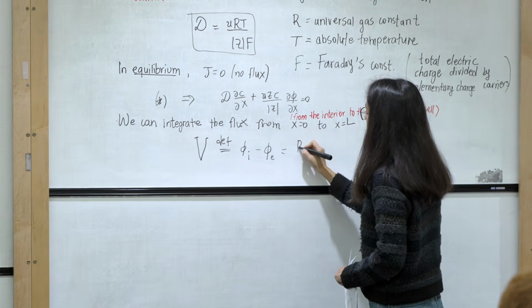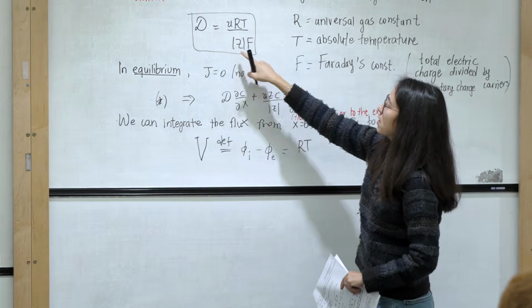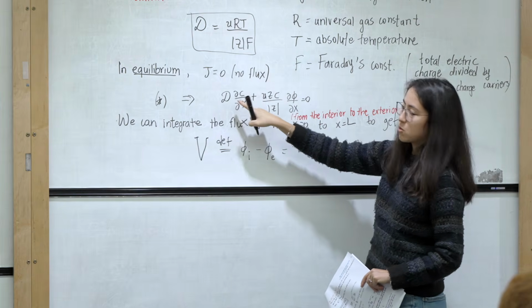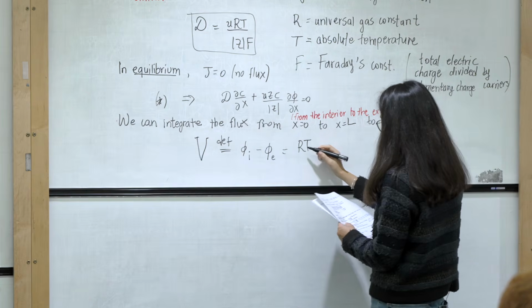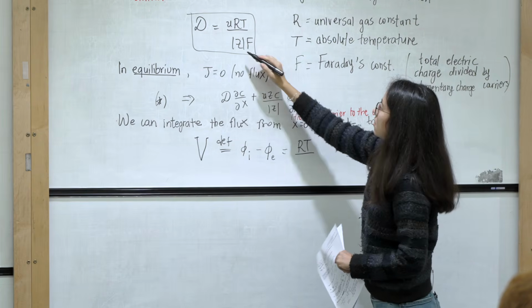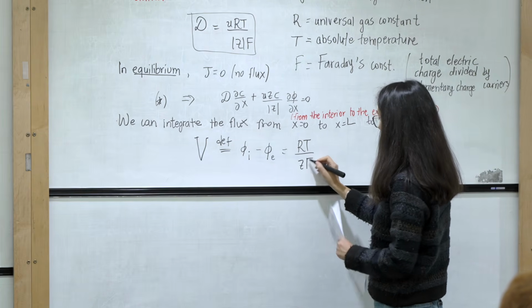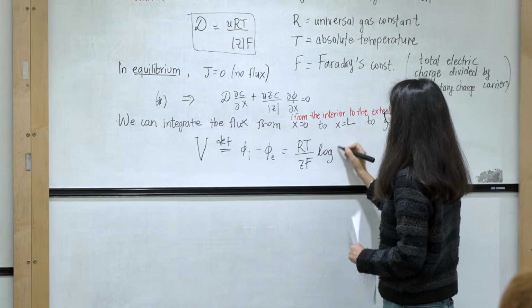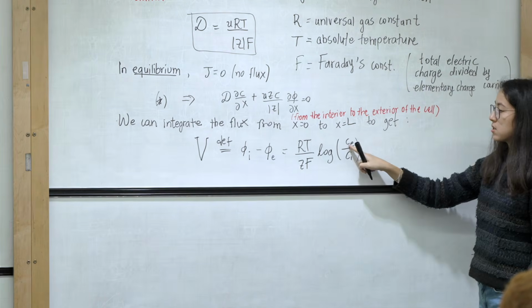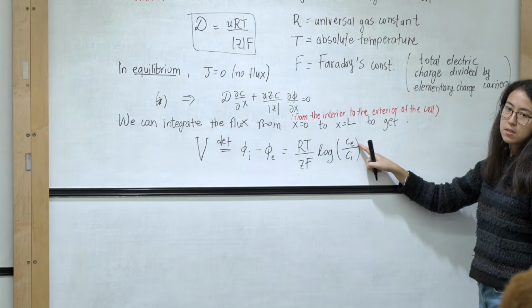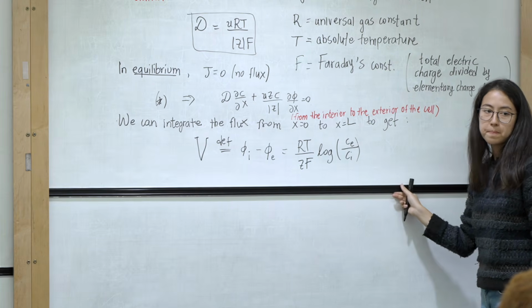And it's going to be, after having introduced this D in here, I'm going to get a function that involves this universal gas constant and so on. So I'm going to get RT over ZF log of CE. So this is the concentration of the ion on the exterior of the cell membrane and the interior. OK?